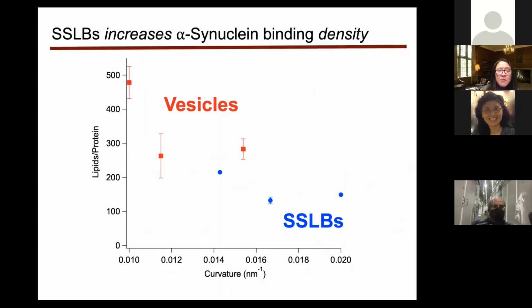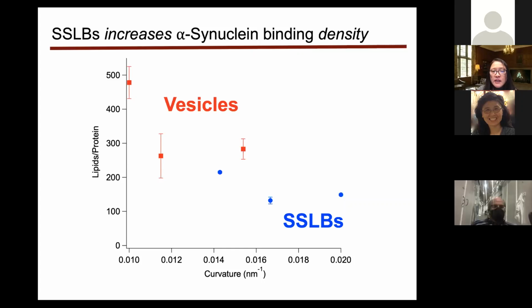So if I were to compare the vesicle work that we got from the literature, which has some polydispersity and hence a larger error bar, that you can see here, plotting the lipid to protein ratio as a function of curvature, looking at the binding density of these materials on the surface of the lipid, either lipid itself or lipid-coated surface, you see that the SSLB actually increases the alpha-Synuclein binding density on the surface.